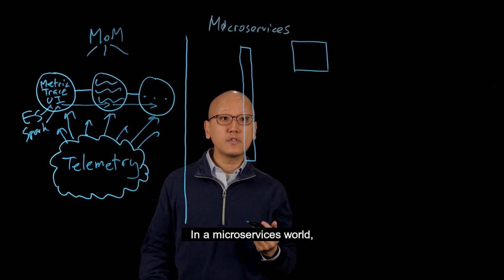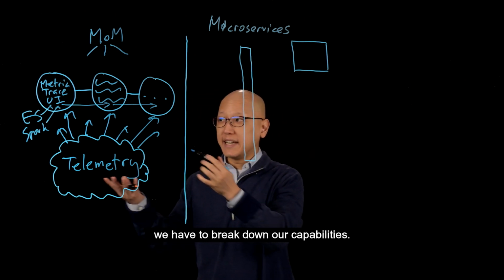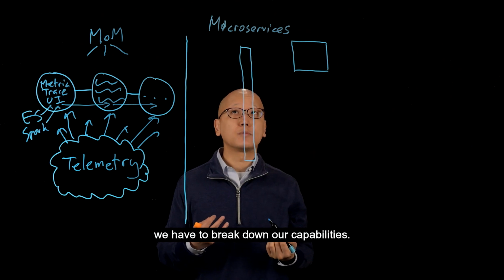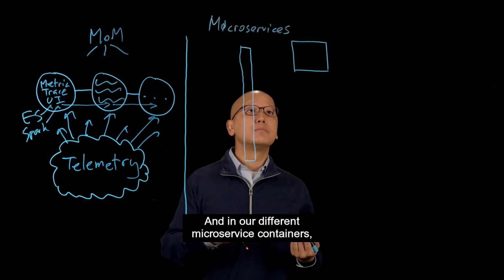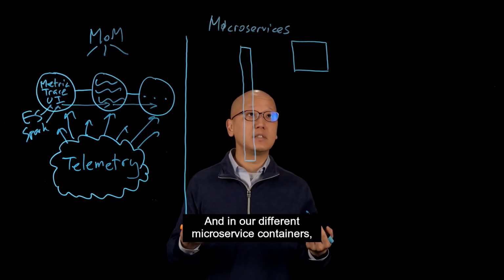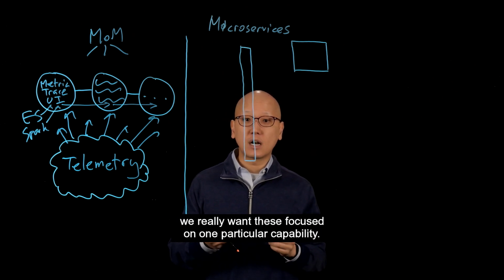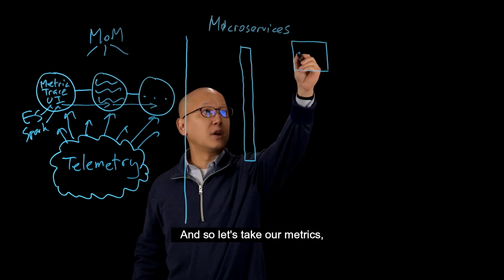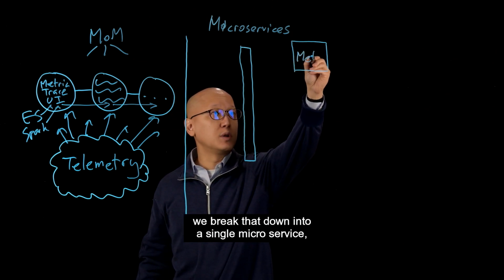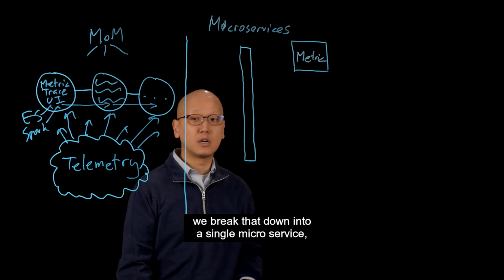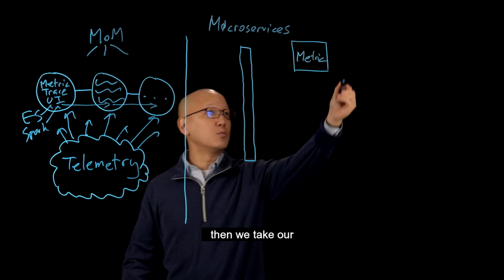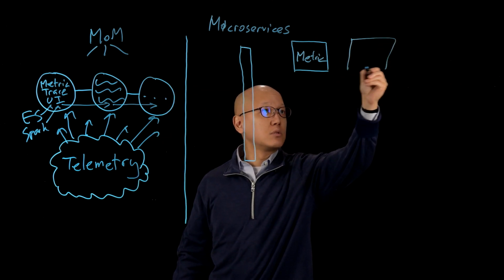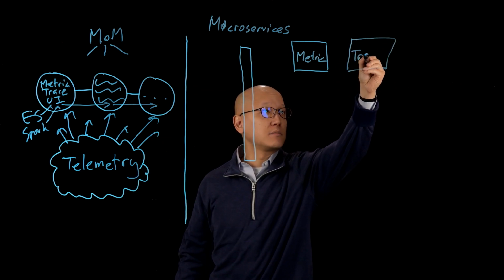In a microservices world, we have to break down our capabilities, right? And in our different microservice containers, we really want these focused on one particular capability. So let's take our metrics. We break that down into a single microservice. Then we take our trace processing.